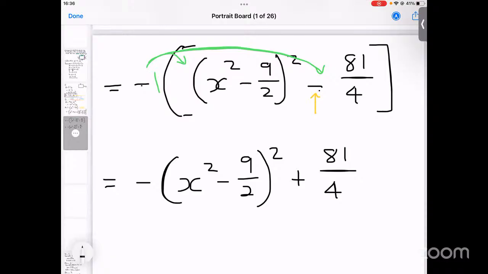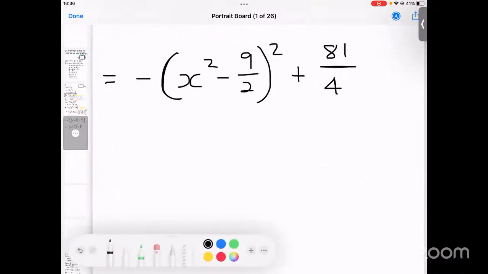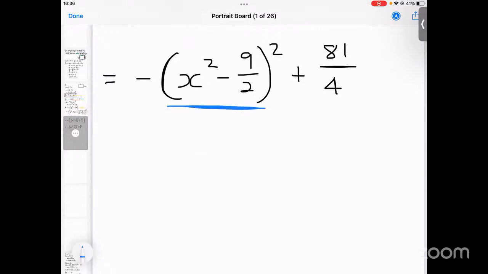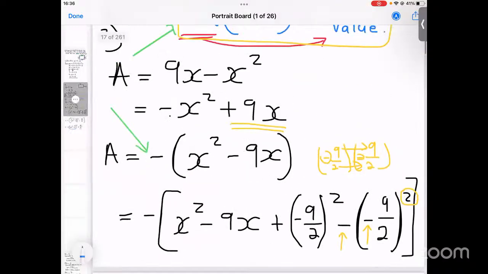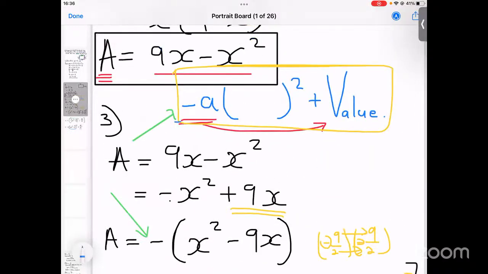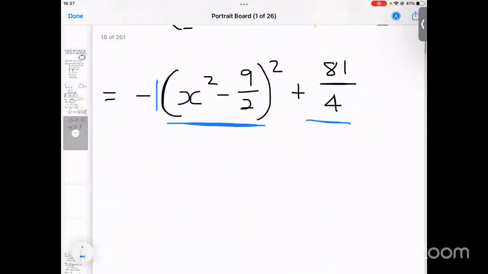So now can you see it is in that format where we can easily interpret it to say the coefficient of this thing is that negative invisible one. Therefore, this has a maximum value. Let me go back to that and say, you see, it has a negative coefficient, which means it has a maximum value.